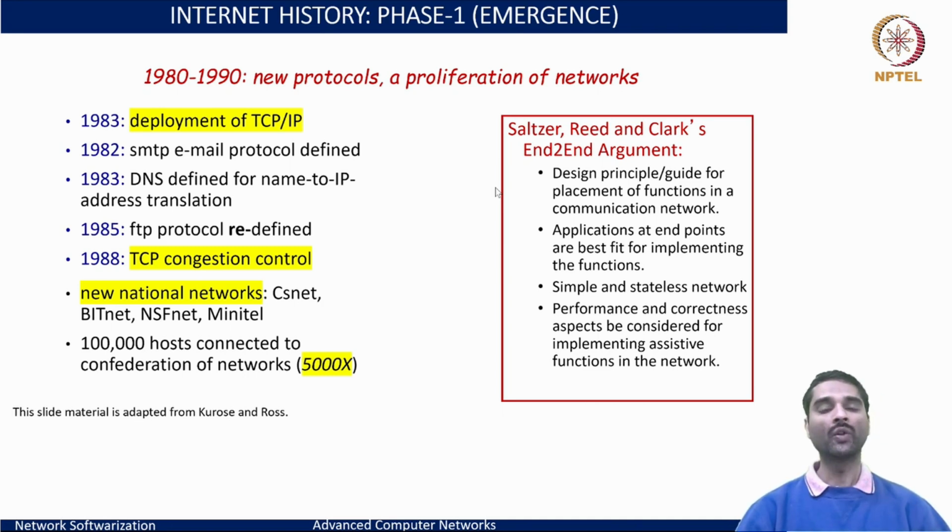And what really started to happen was widespread usage, with more than 100,000 hosts connected to this confederation of networks. And in fact, when we scaled a lot, we also started to see several anomalies in the operations of the network, what was termed congestion collapse.